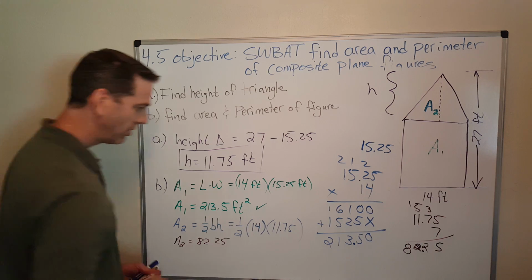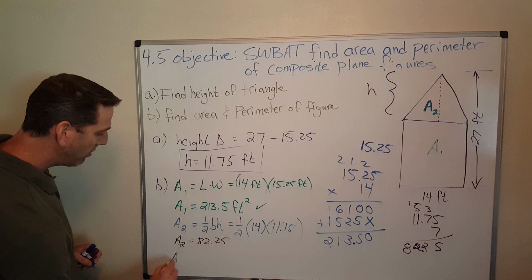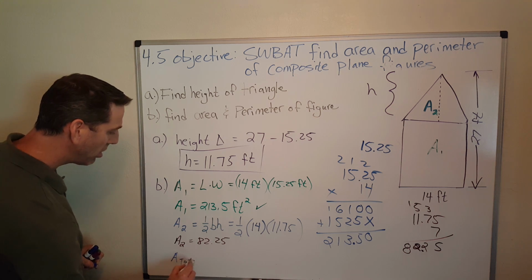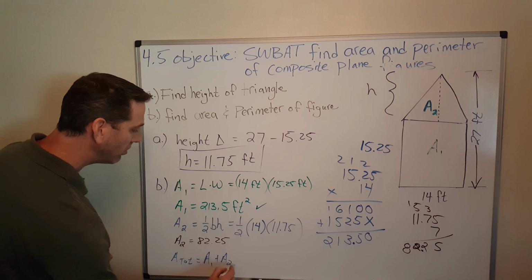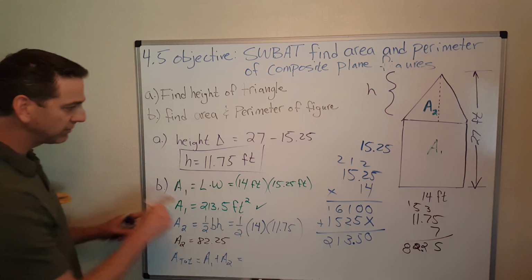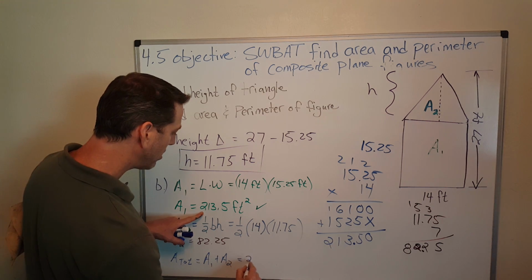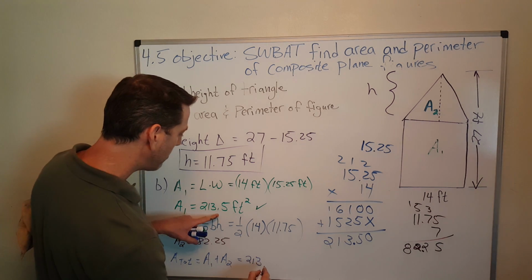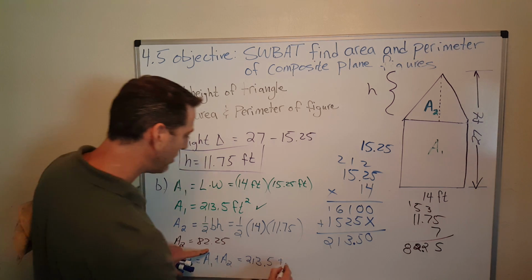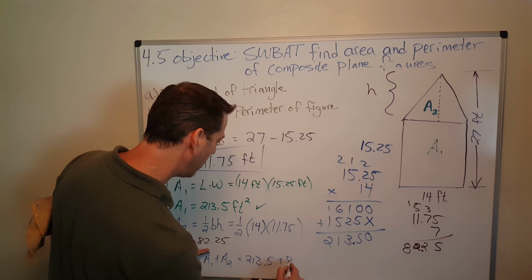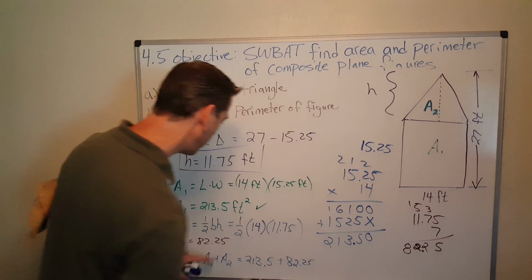Okay, so let's do that. So area total equals area 1 plus area 2, which is 213.5 plus 82.25.